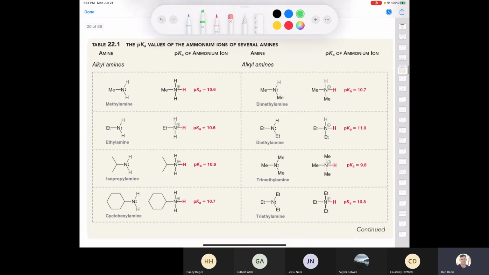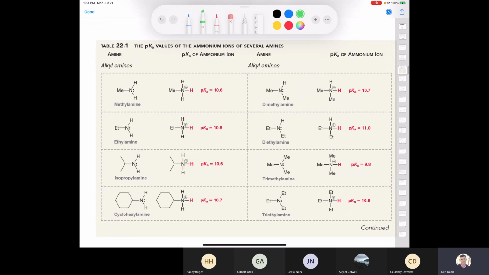Now you should be familiarizing yourself with the pKa values of these ammonium ions here. Why? Because the basicity of an amine can be quantified by looking at the pKa of the corresponding ammonium ion. What do I mean? I mean the higher the pKa, the weaker the acid, and therefore the stronger its conjugate base.